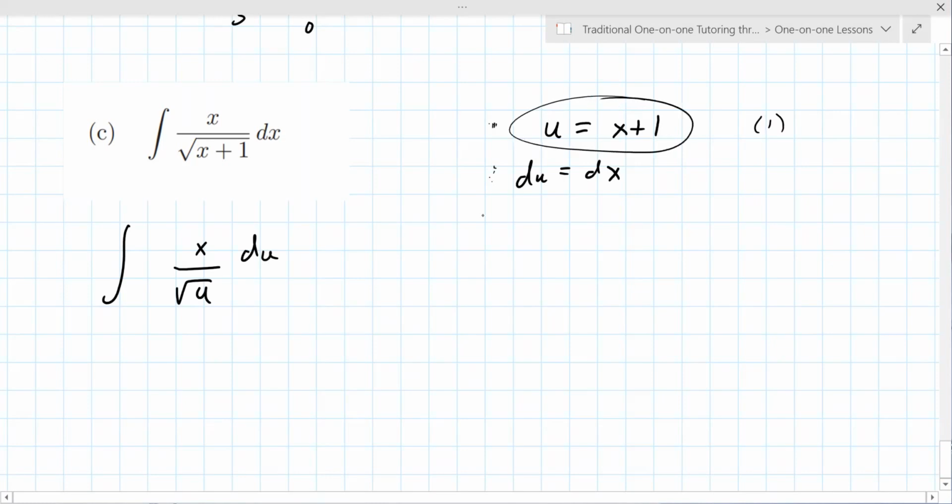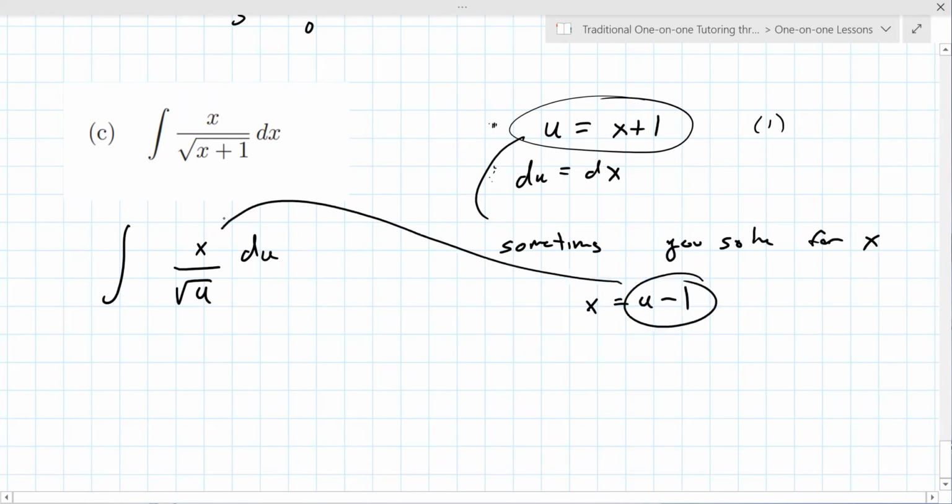So sometimes, I can't say how often, you solve for x. So x equals u minus 1. Plop that in there. And then you also write this as u to the 1/2.